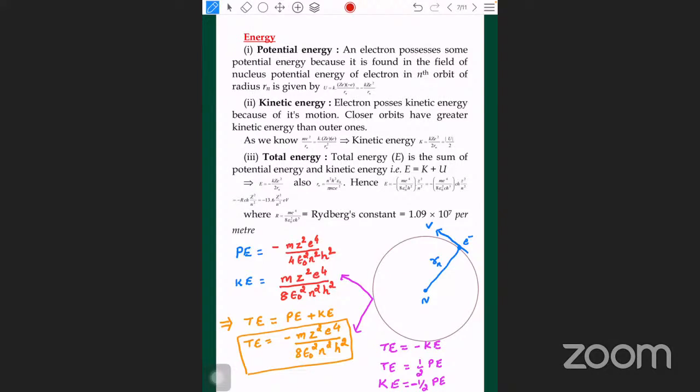Suppose you want to find it for the hydrogen atom. For the hydrogen atom, the Z value will be 1. Then the total energy in the nth orbit of the hydrogen atom is given by minus m e to the power 4 divided by 8 epsilon naught squared n squared h squared.